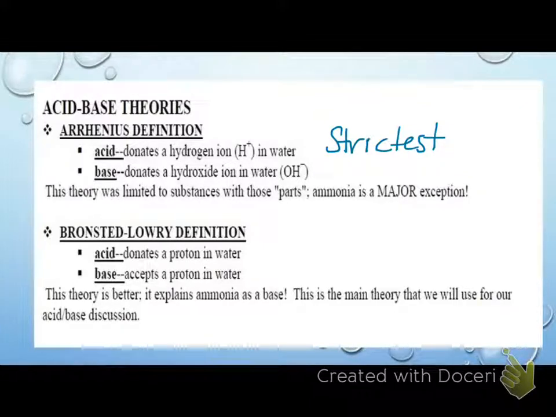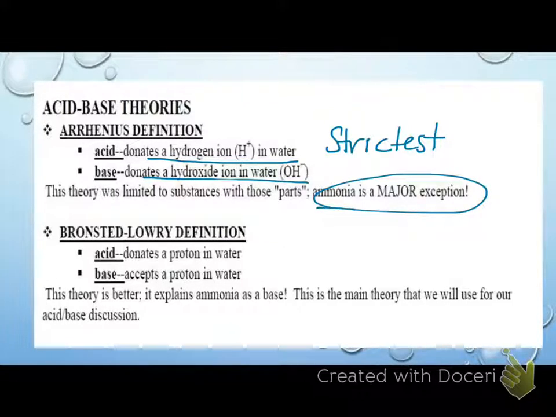Their definition of an acid is that it donates a hydrogen in water, and their definition of a base is that it donates a hydroxide. Ammonia is a major exception because ammonia actually doesn't have OH in it, and so this is one of the strictest definitions. We don't use it a lot, other than know that the base donates a hydroxide.